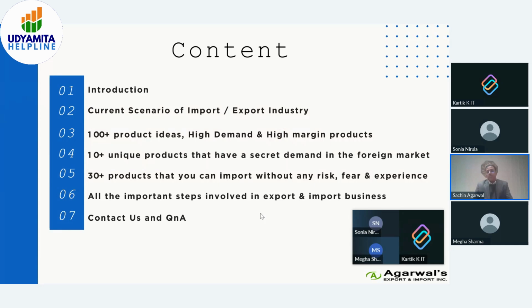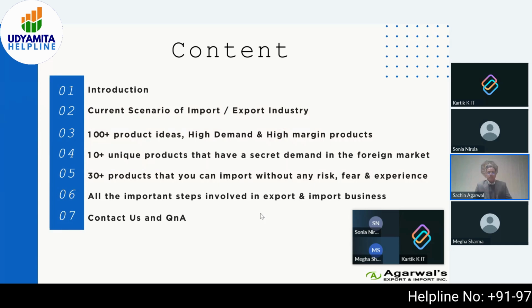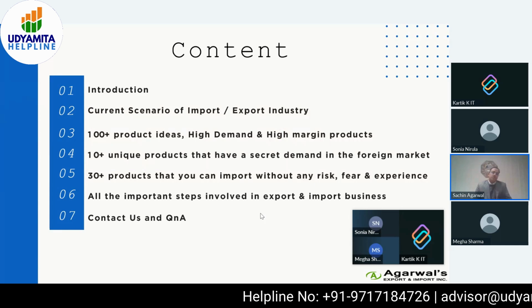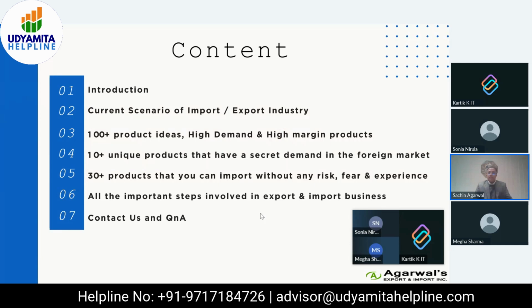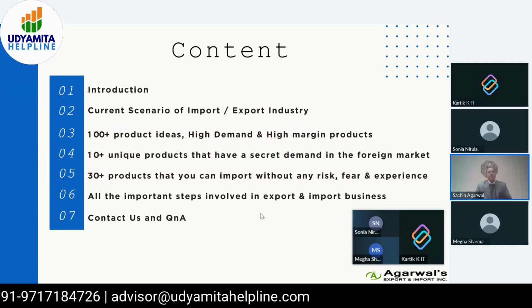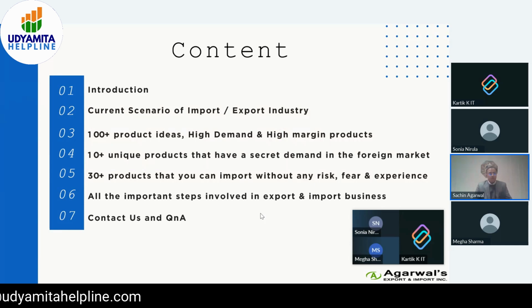So we are going to be very specific and discuss very niche market products. Then we are also going to discuss some very unique products that have a secret demand in the foreign market. This means that these products have not been highly identified and not too many people are exporting them. And definitely, since there are few people exporting them, the client market is also untapped.